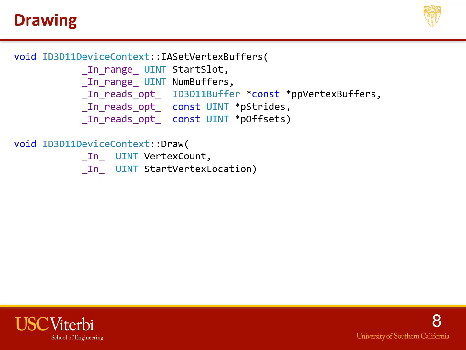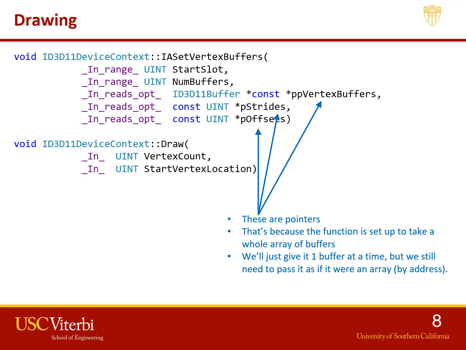No problem. But because of this complicated extra option, that means that my strides is also a pointer because it expects that to be an array, and my offsets is also a pointer. Expects that to be an array. So that's what that says here. They're pointers because it allows it to be an array.